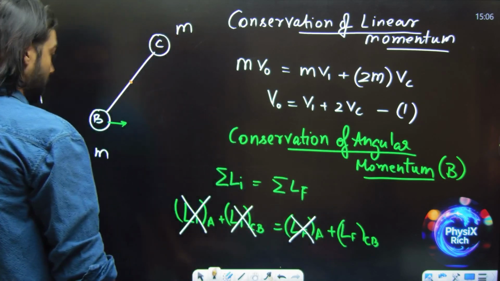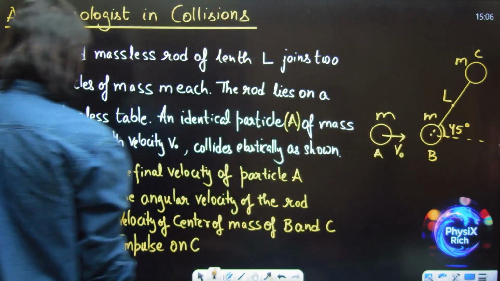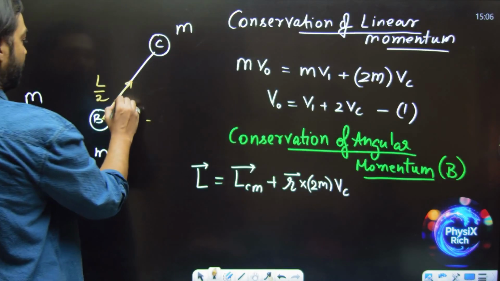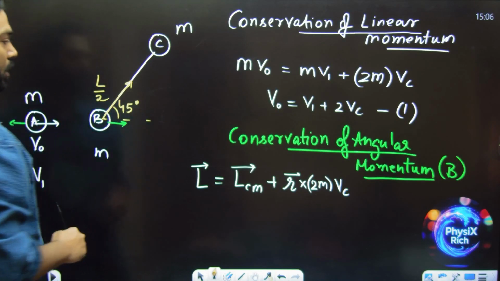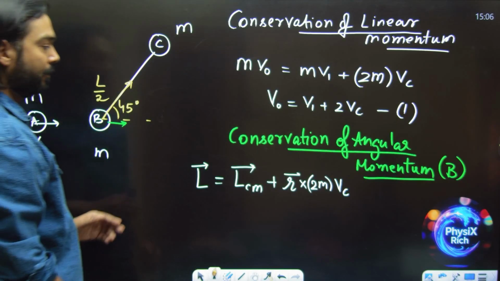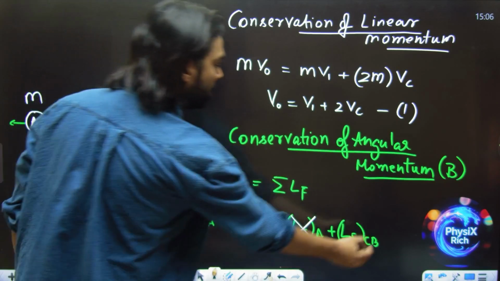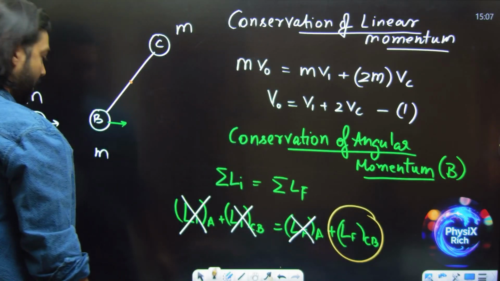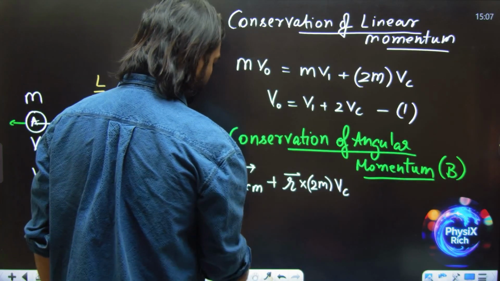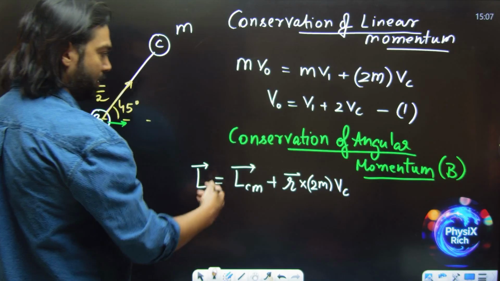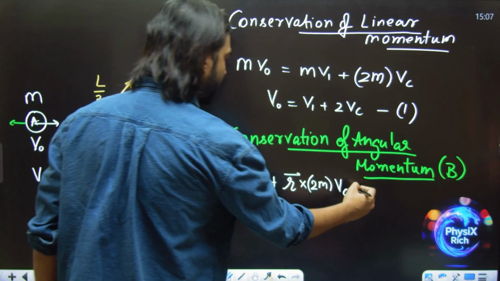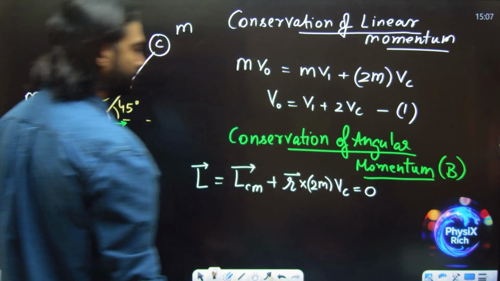The angle was 45 degrees, so we will choose this to be 45 degrees. Okay, so we understand that this is the final angular momentum. We are only looking at this term. So the final angular momentum is supposed to be found out, and this whole thing is actually zero.